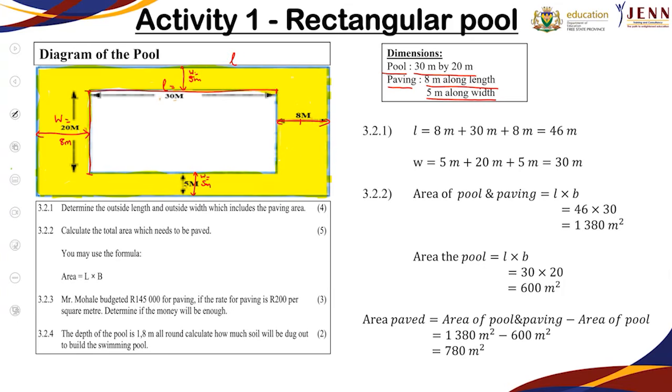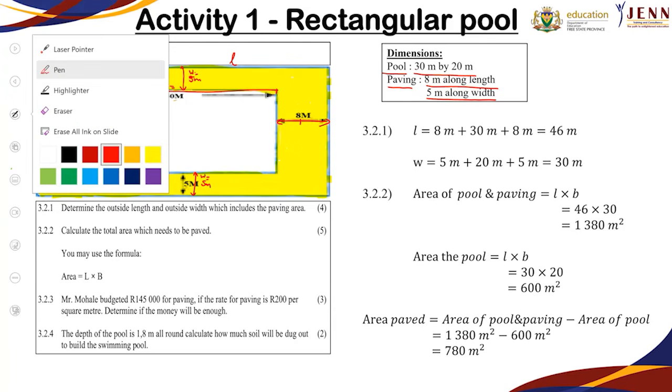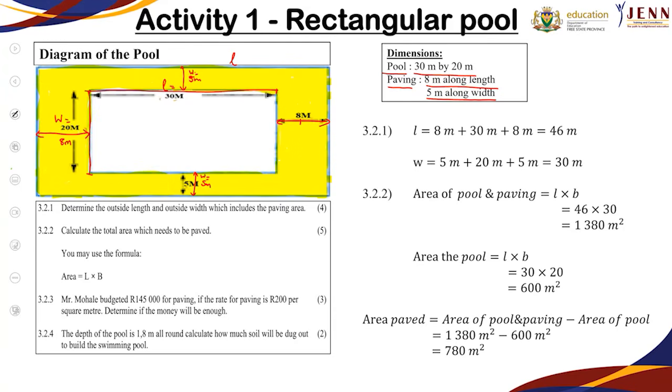So now let's have a look at an example. We have said all we can about this picture we are given. So 3.2.1 says, determine the outside length and the outside width, which includes the paving area. So let's start first with the outside.